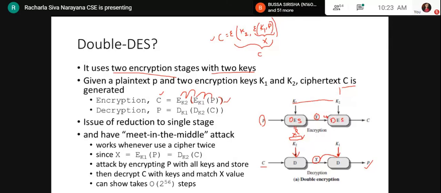Again we perform 16 rounds, then the swap operation, and then the inverse initial permutation. The result is the ciphertext. So in total we are performing 32 round operations with two different keys. This is the double encryption.